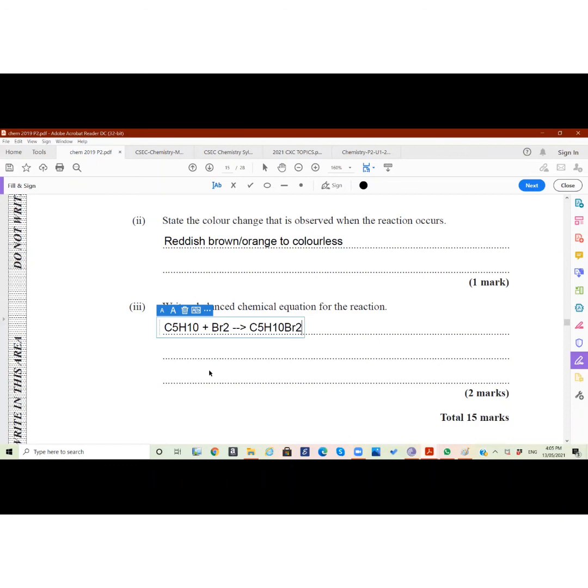So think about what saturated means. Saturated means it can no longer hold any more bonds. Now, an alkene, because of the double bond, we call it unsaturated because the double bond can be broken for other things to add to that compound. So the number of hydrogens in the alkene would not change, because it's the double bond that is breaking and the Br2 would be added to it.